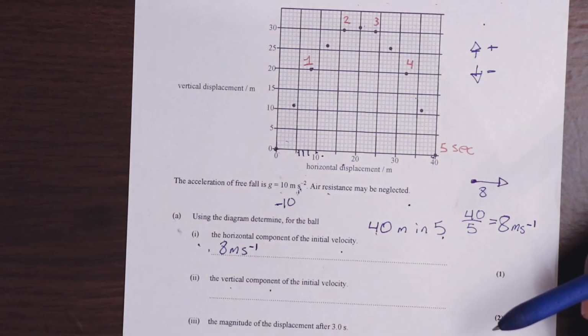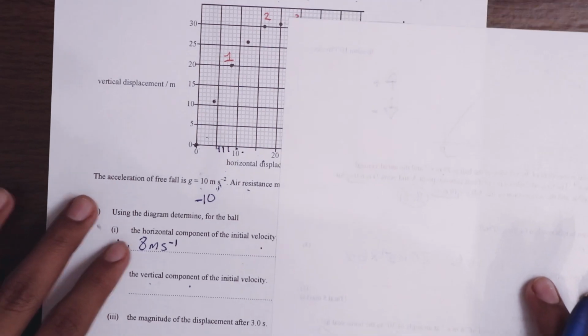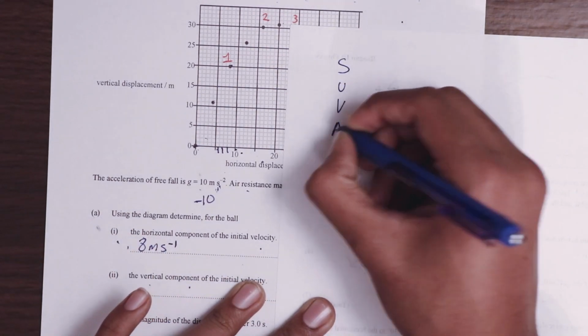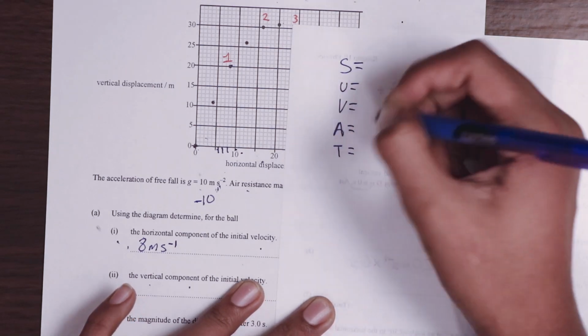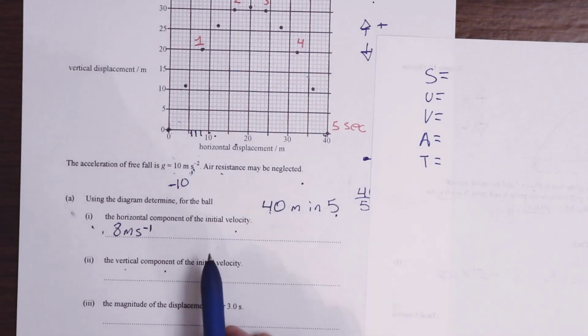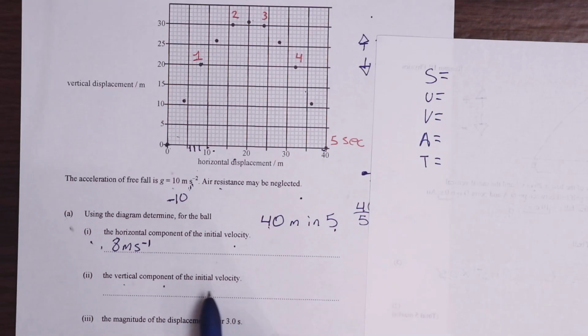So what we have to do in this situation is use SUVAT. So let's take another piece of paper and write down SUVAT. S-U-V-A-T. Now, let's see. What are we trying to find? We're trying to find the vertical component of the velocity. Initial velocity.